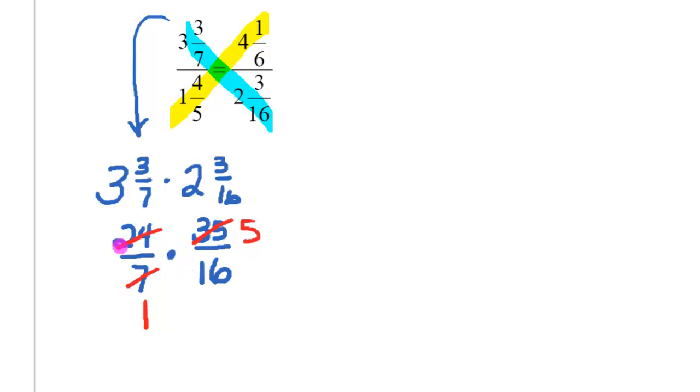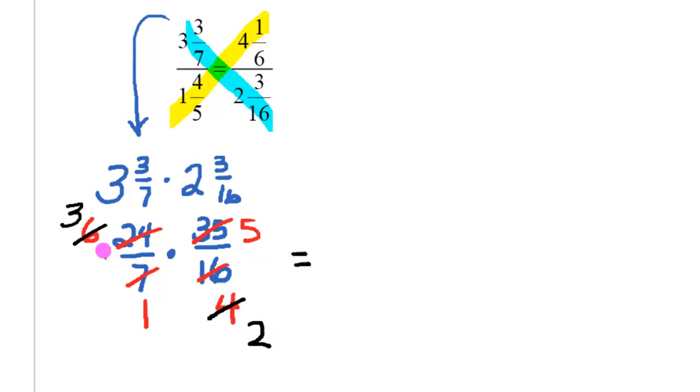So 24 divided by 4 is 6, and 16 divided by 4 is 4. Oh, and guess what? We still have another common factor of 2. So 6 divided by 2 is 3, and 4 divided by 2 is 2.